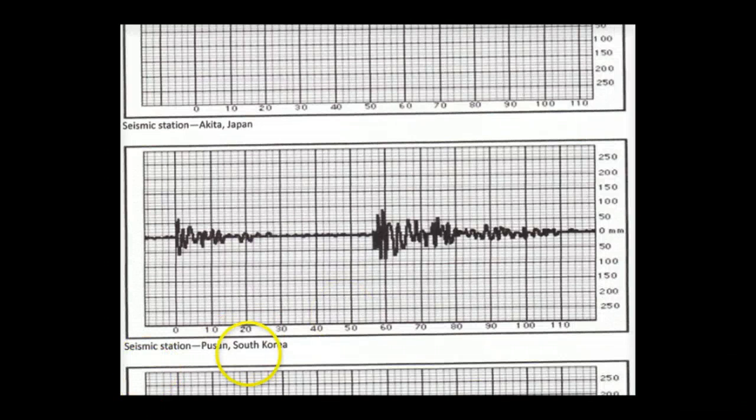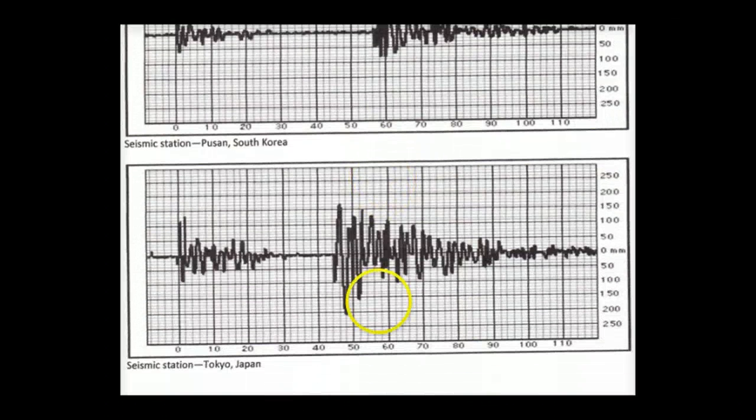We're going to go down now to Busan, South Korea, to the second set, and that's about 56. And we're going to go down to the third set from Tokyo, second set, about 44. So we're going to record those in a chart that's found within your paperwork.